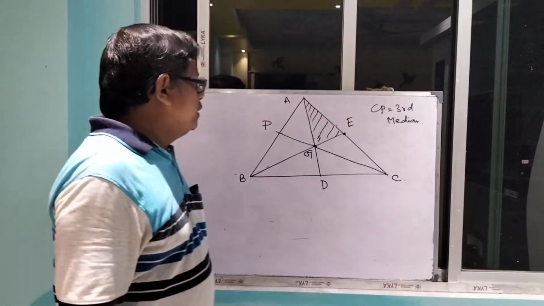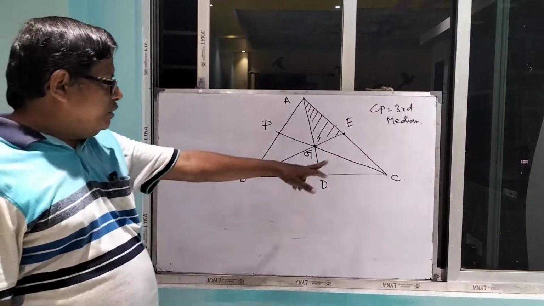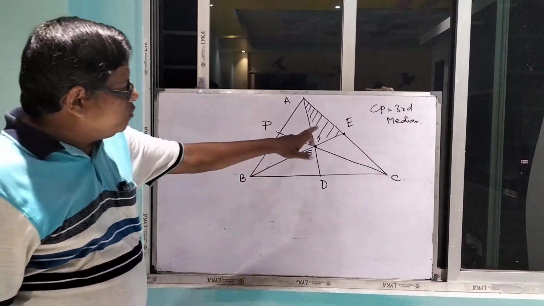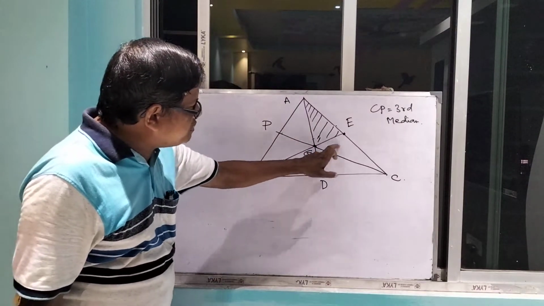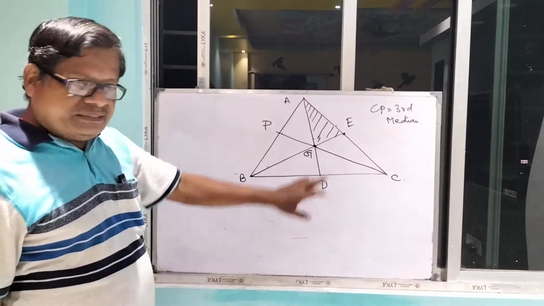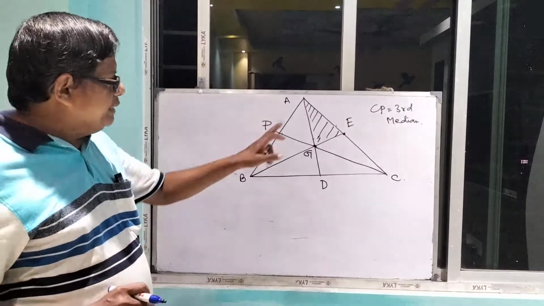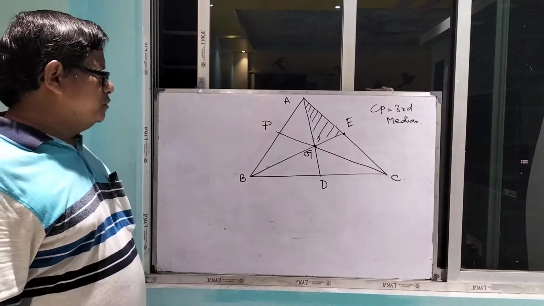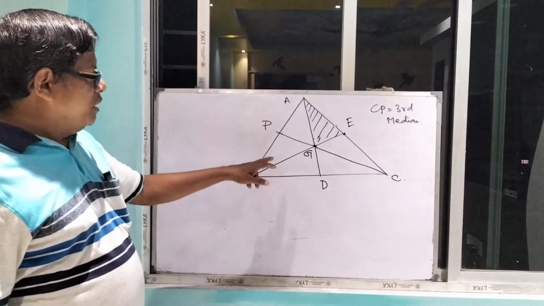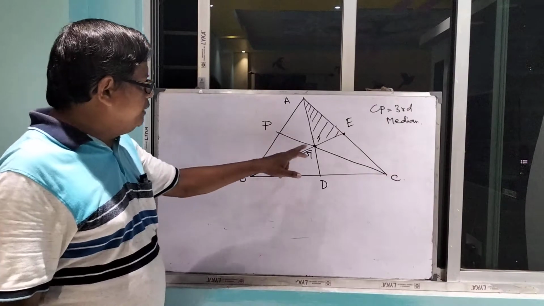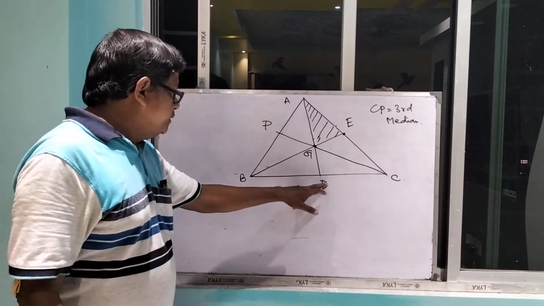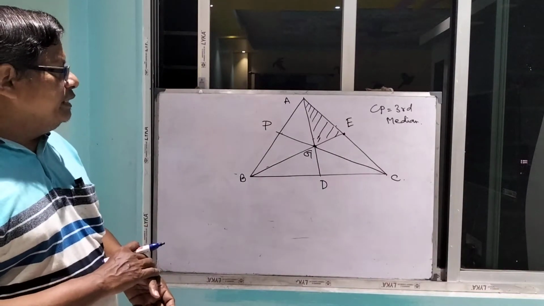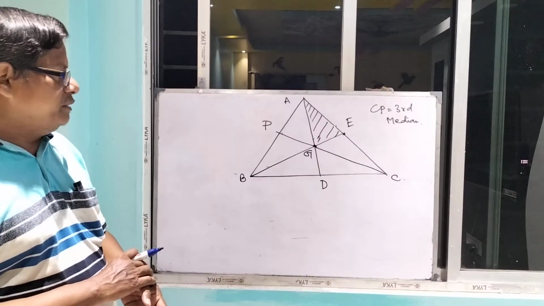But in that way, if we just join CG and extend, then you will get six triangles: AEG, APG, PGB, DBG, and so on. Each is 1/6 of the whole.